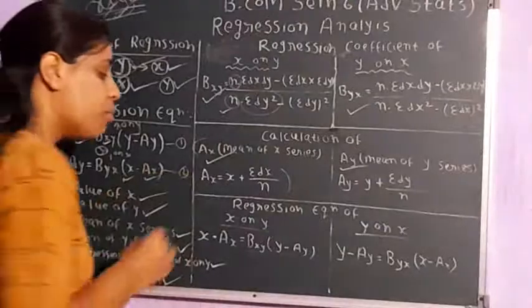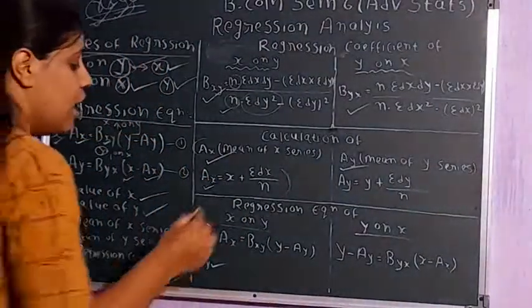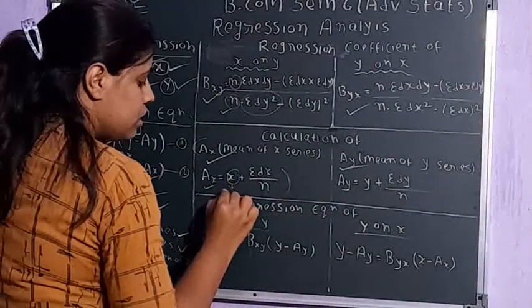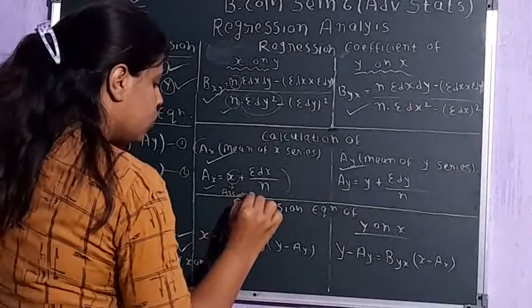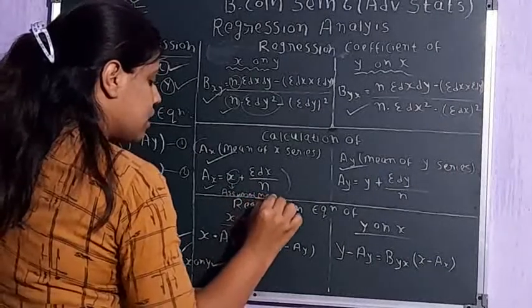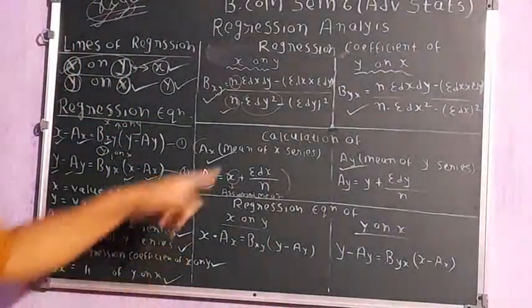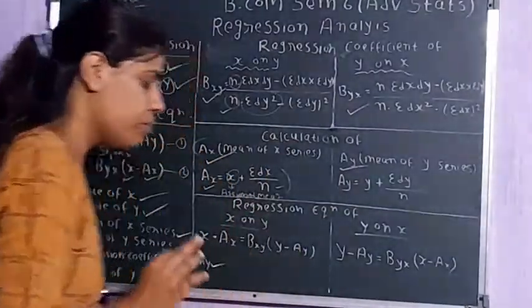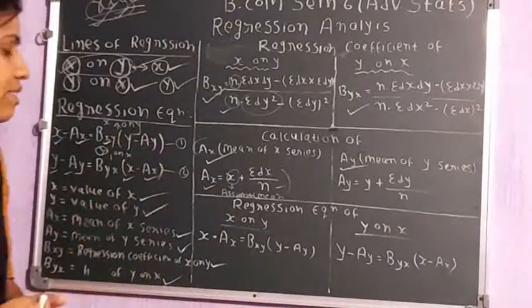We use this formula, where ax refers to the mean of the x series, x refers to the assumed mean. Assumed mean means the mean that we have taken to calculate the deviation from the x series. Summation dx refers to the total of the dx column and n refers to the number of observations. This way we can calculate the mean of the x series.